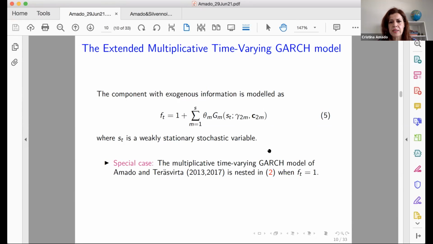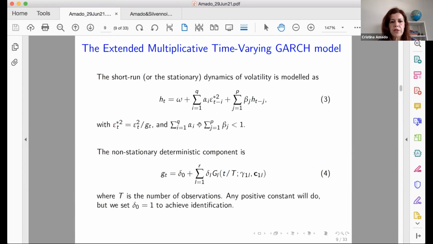So we have a nested case here, a special case: when this function f_t equals 1, then we have the multiplicative time-varying GARCH model of myself and Timo Teräsvirta. Of course, we have here some identification problems, and we can sort these out with the parameter delta naught.